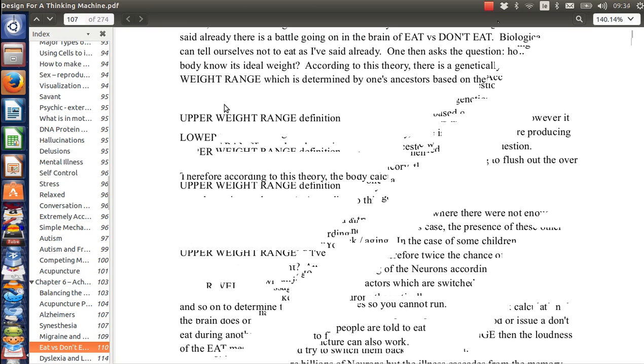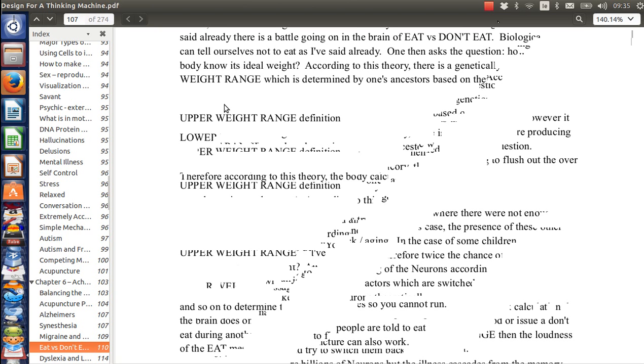Now, the advantage of this design approach is, if this is true, it might explain why, for example, some people are more obese than others, and some people might suffer from chronic eating disorders. So, if one has an upper weight range which is too high, one will continually receive eat messages from the body. So this is the idea. I'm not saying this is right. This is just a theory.